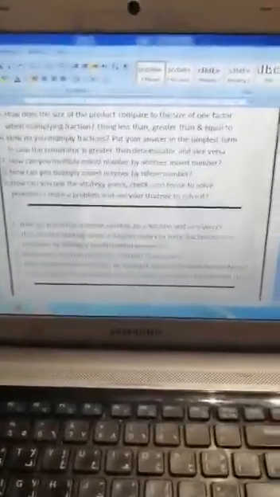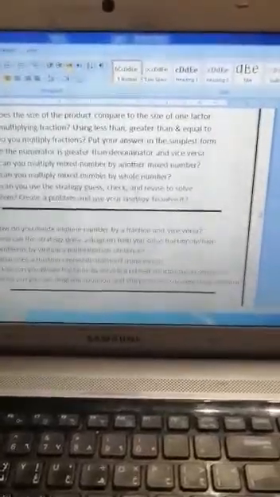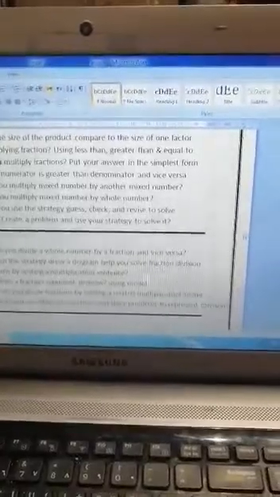Question number 1. How do you divide a whole number by a fraction and vice versa? You can give any example and you can draw a model to show your fractions or your work. Question number 2. How can the strategy draw a diagram help you solve a fraction division problem by writing a multiplication sentence?